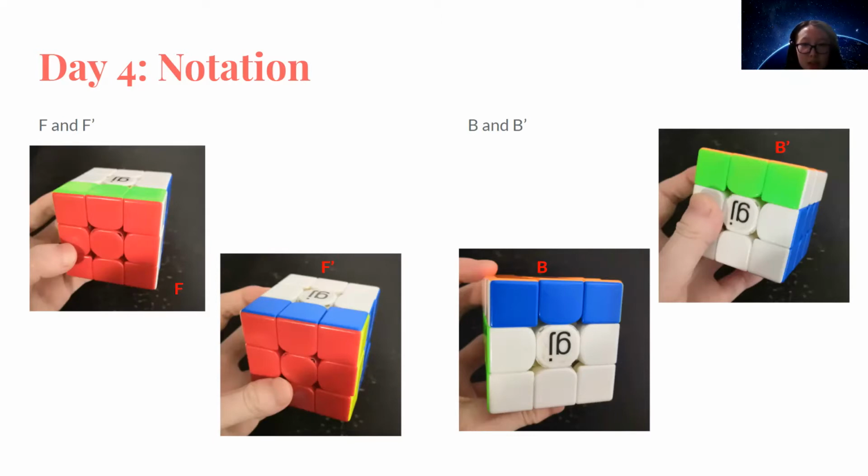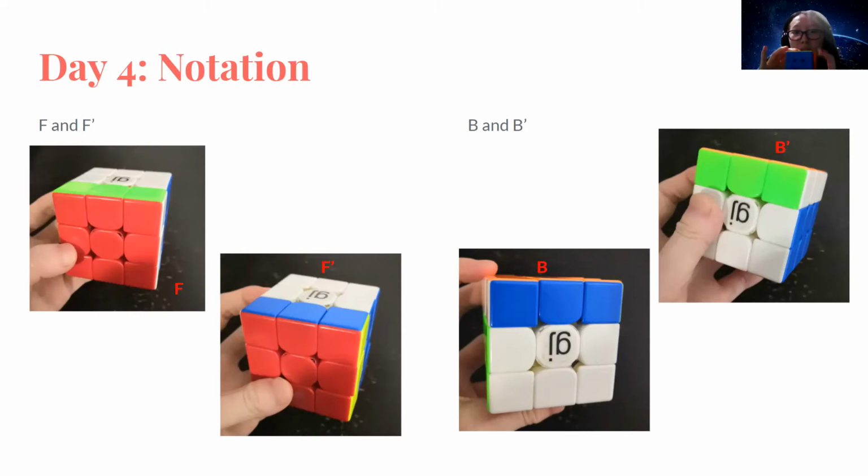And then for B, you would think that B and B prime would go the same way as F, but it goes in the opposite way. So for B, regular B, back clockwise without the prime, it actually goes to your left.